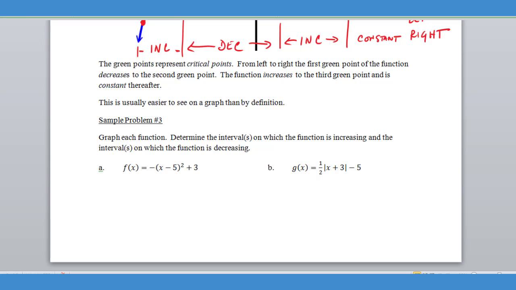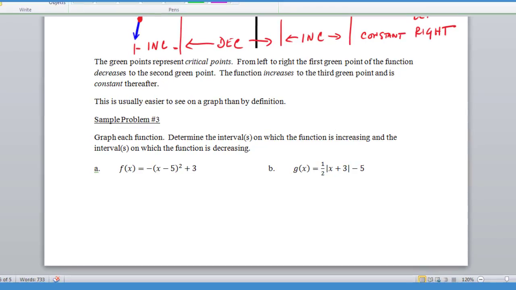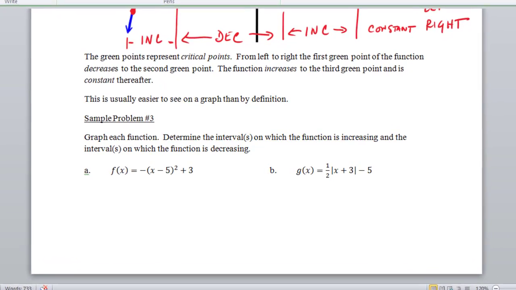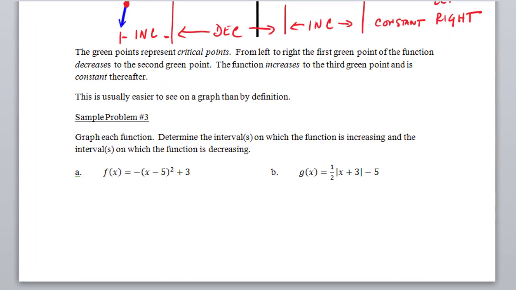Now, as you could tell, the visual is probably a lot easier for you to understand than the mathematical at this point, and that's perfectly fine. That's really where I want you at this point, is just to be able to identify these intervals over a visual sense. And so what I want you to do here when working sample problem number 3 is just to get a visual of the graph.